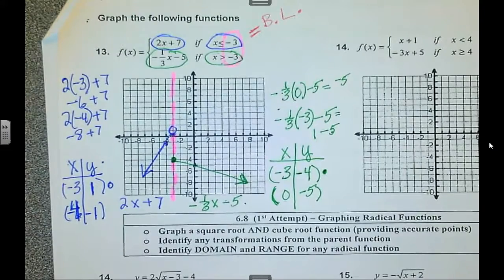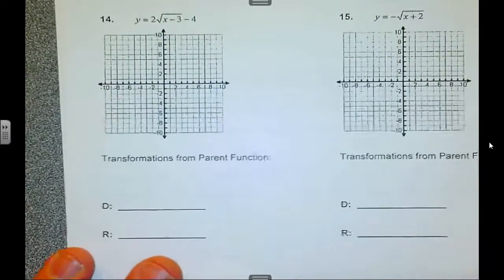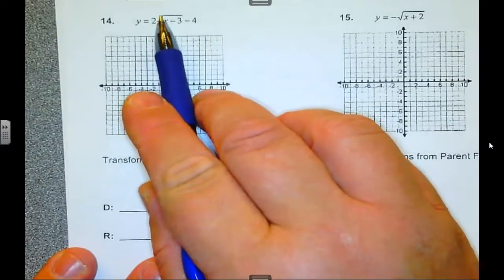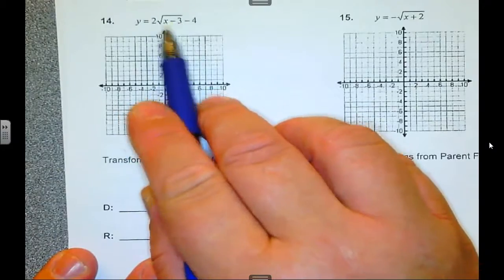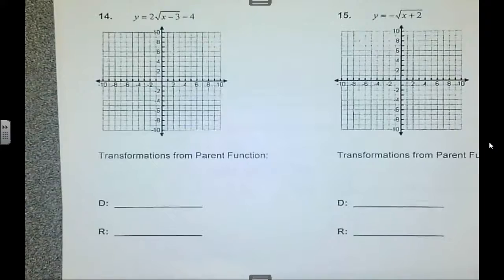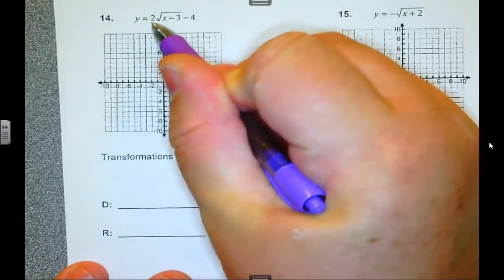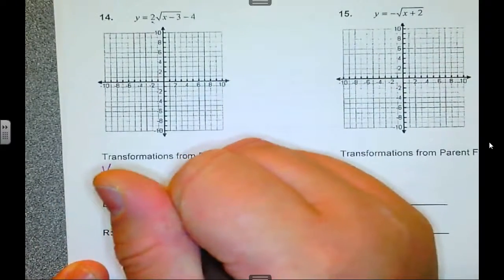Okay, then we did radical functions. The transformations are pretty much the same, except instead of absolute value bars, we have a radical. This is a square root. So the transformations: vertical stretch of 2.